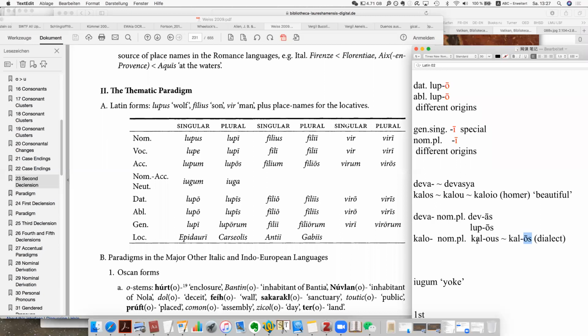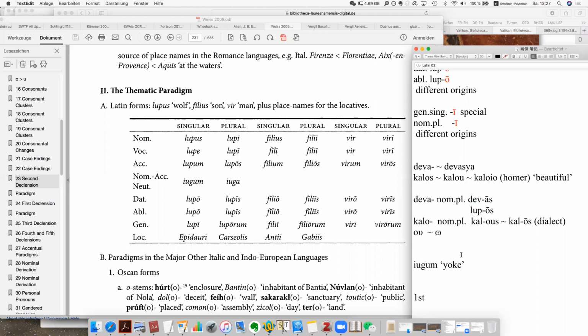It's omega, not ou. So in the Greek alphabet, I put the Greek alphabet here. This is u, and in the Greek alphabet, this is long o. You can see this actually looks quite similar to us or os, right? So this is a well preserved form.